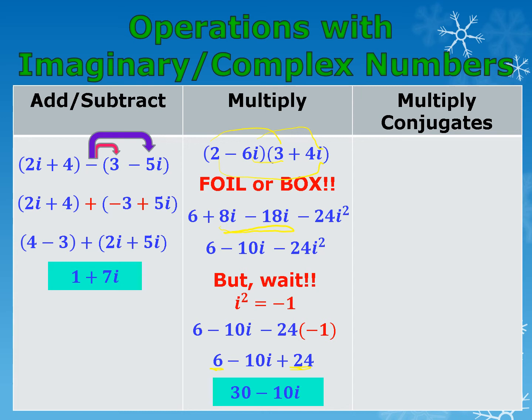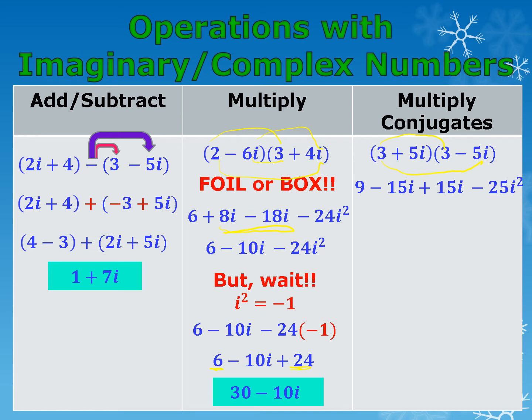Now, let's see what happens when we multiply conjugates. We're going to see why these conjugates are so magical. So let's look here. If I have 3 plus 5i times 3 minus 5i, let's see what that product is. Again, you can FOIL it or you can box it. I FOILed it, so 3 times 3 is 9.